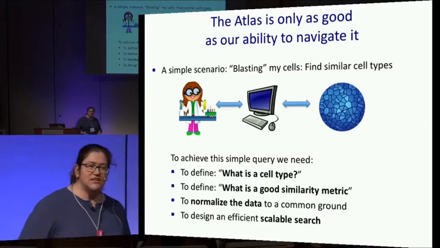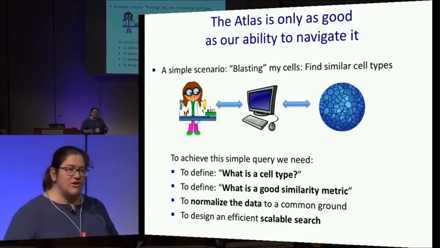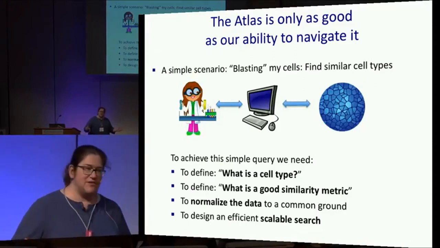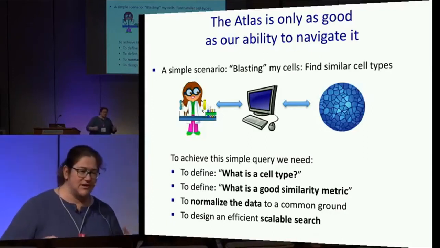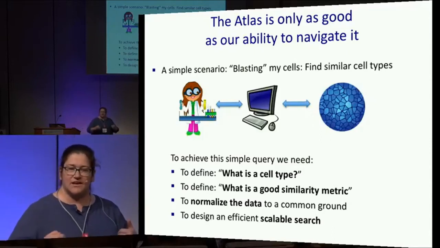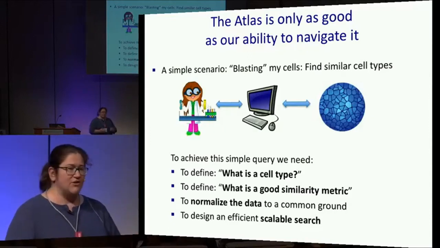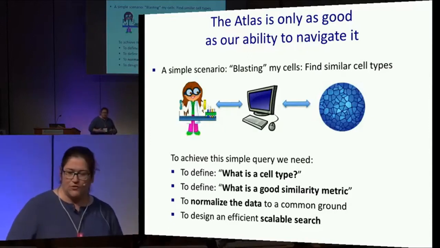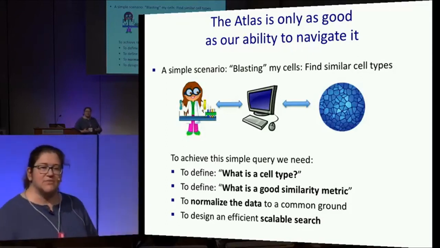And even something as simple as that is actually quite complex, and we have to actually think as a community. Because we've been hand-waving what is a cell type, and I'll admit I will also hand-wave what is a cell type, but one of the things we have to come together as a community is define it. If we want algorithms, if we want a framework in which we can search, discuss, and compare, we first have to nail down a more formal way of defining what is a cell type. What is a good similarity metric?